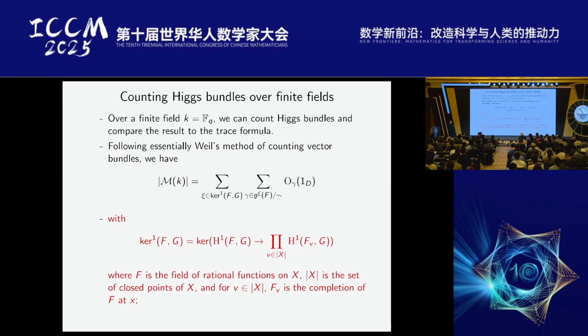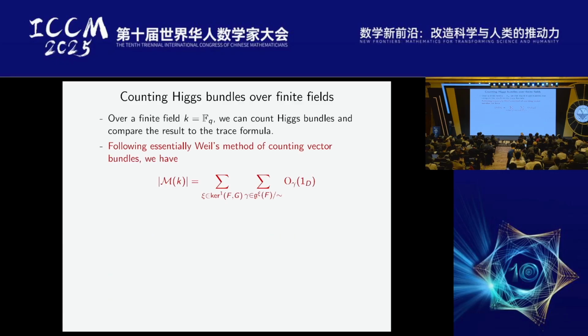Then you see that the number of points of M is this expression, right? You have a sum of orbital integrals, and there's a kind of further sum, a kind of Galois cohomology of K1. It's a technical thing that I want to ignore for now. I have to write it because I don't want to write an incorrect formula, but basically you can ignore it. It doesn't really harm in any way.